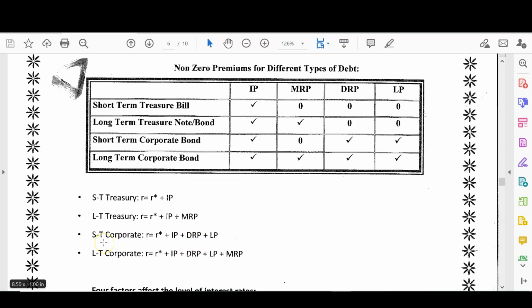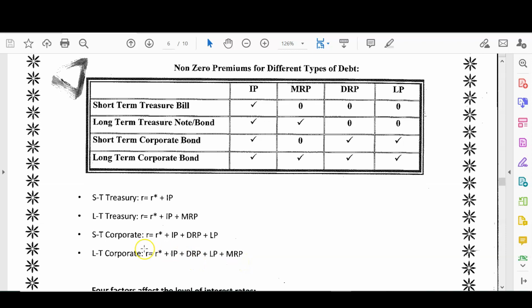So when calculating interest rate R for short-term corporate, we use R star plus IP plus DRP plus LP. For long-term corporate, because it's long-term, it has MRP, and because it's corporate, it has DRP and LP. So for long-term corporate we use all of the premiums: R star plus IP plus DRP plus LP plus MRP.